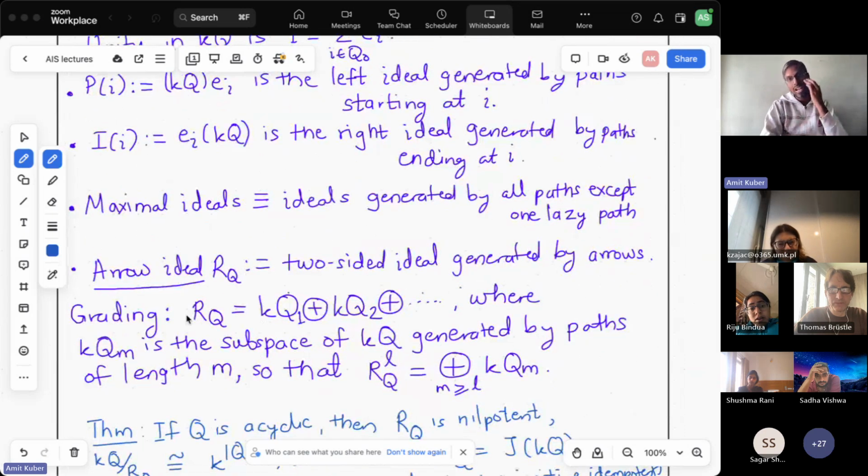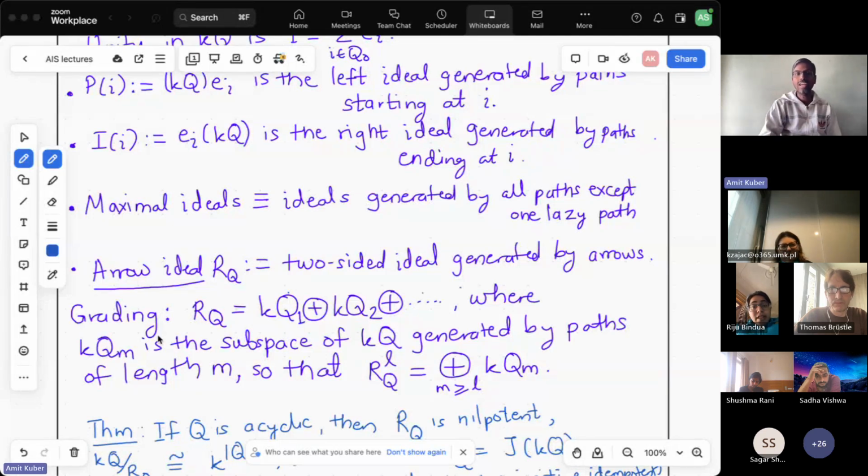This arrow ideal is a graded ideal. Our original algebra is also graded. The zeroth grade component is the one generated by EIs. Then the first component is the one generated by arrows, then length 2 paths, length 3 paths, and so on.